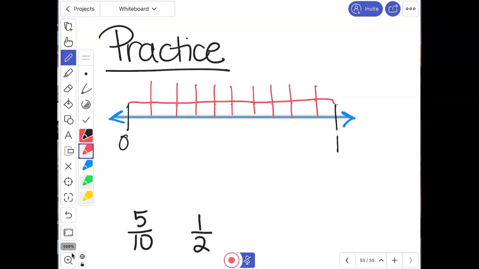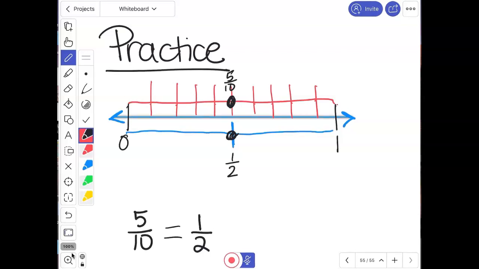Okay, and I'm going to plot that right here. This is 5/10. Now I'm going to do the bottom of my number line with the other one. And it's halves, so I'm just going to cut it in half. I am going to plot that as 1/2, label it, and from there I can see, hey, they're equal.